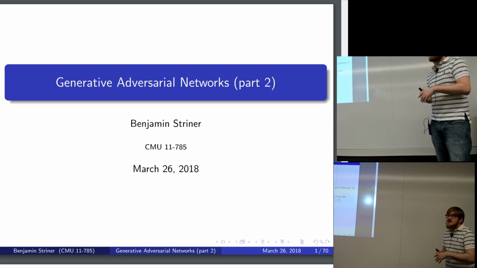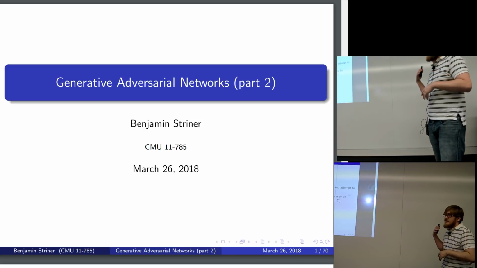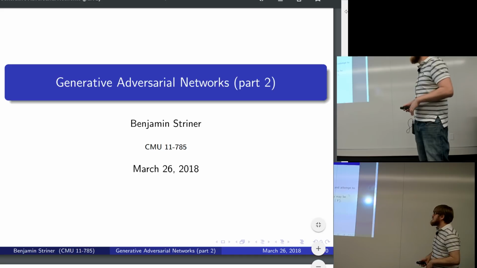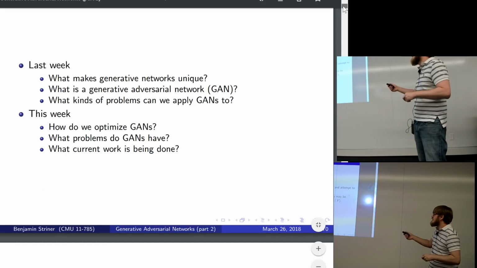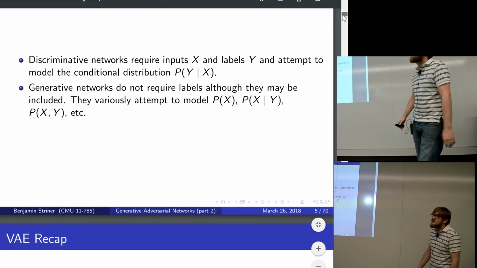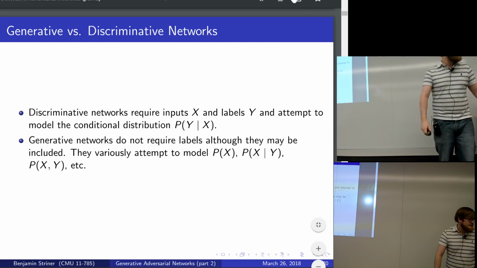Generative networks are when we flip the distributions, we're trying to produce images, or given labels produce images. So things like P of X given Y, P of X and Y. Those types of notations are when we're talking about generative networks, versus discriminative networks would be P of Y given X.